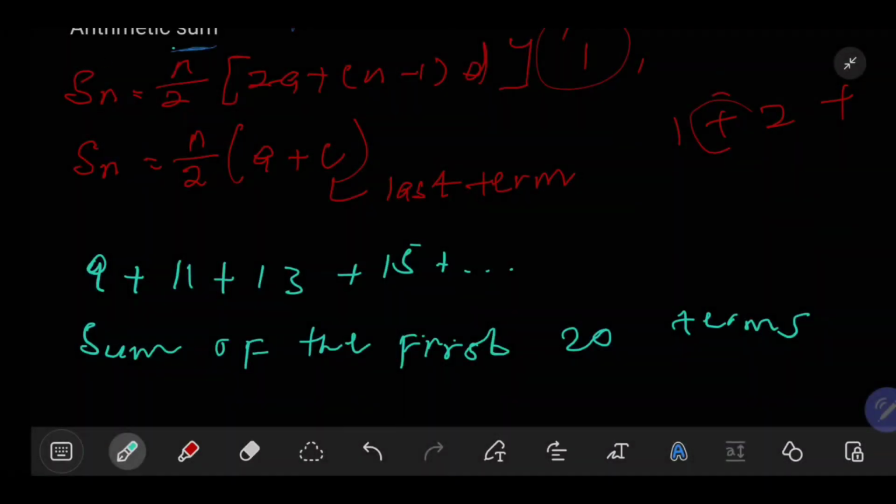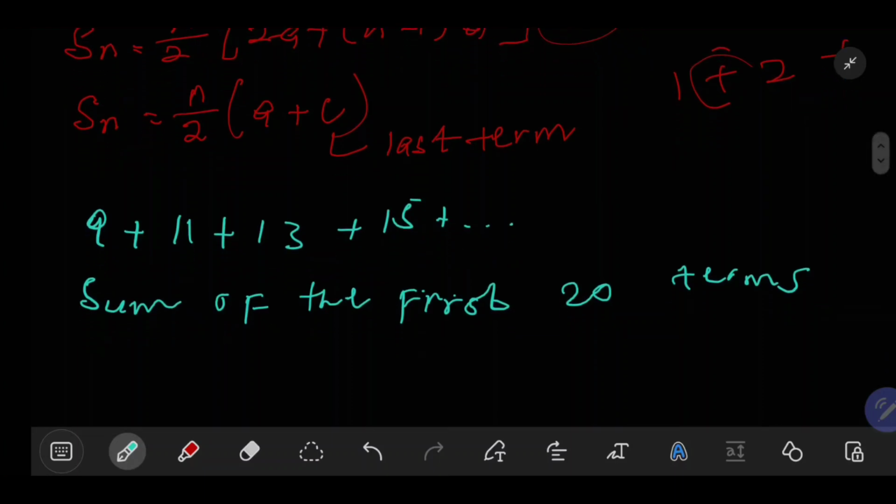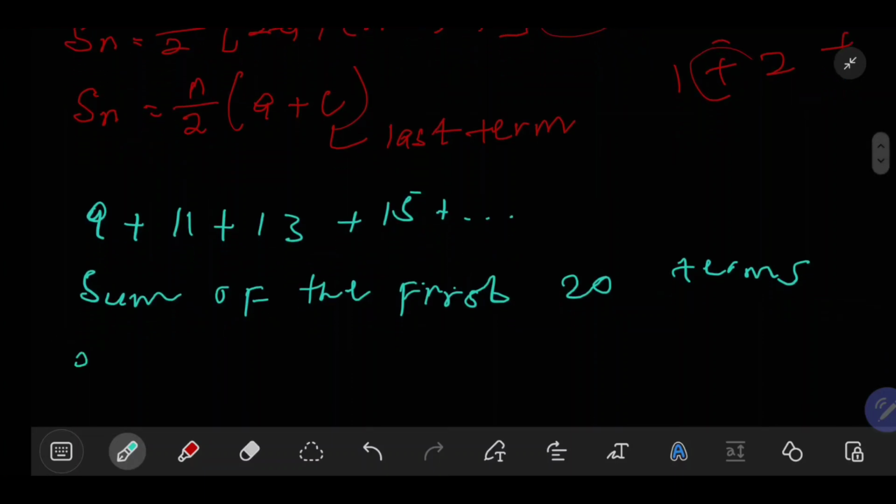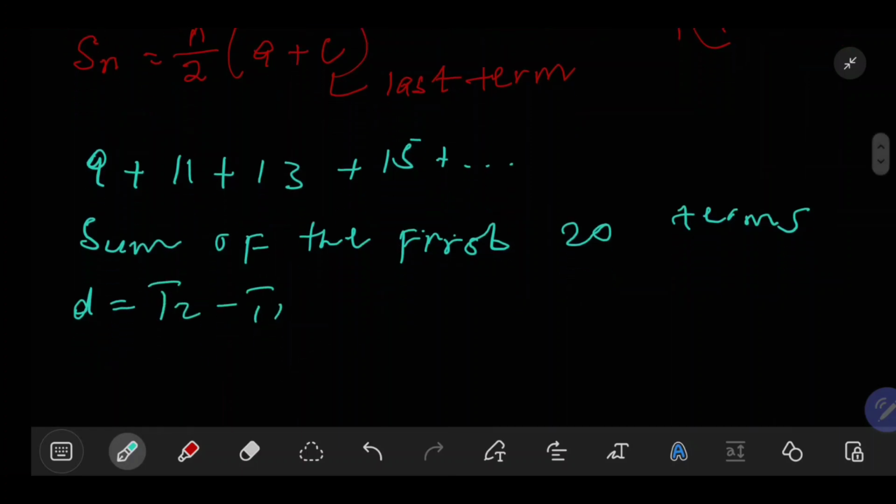This formula needs you to know the number of terms that you are calculating the sum for, and in this case we are given 20. Then our a value is the first term, and d is our common difference. How do we find the common difference? We know that d equals t2 minus t1. So here we say 11 minus 9, and we get 2. This is our common difference.